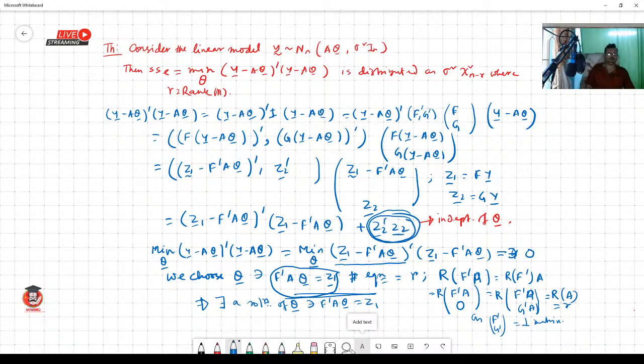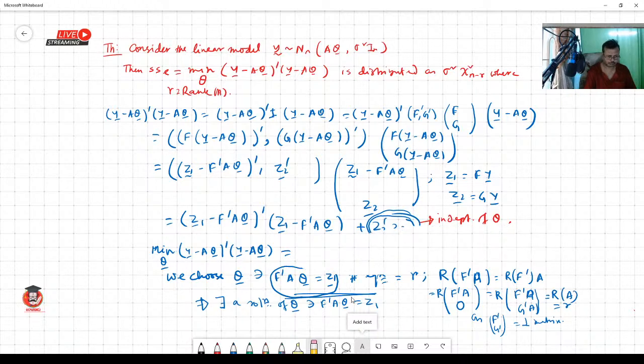Therefore, the minimum of this is simply z2 prime z2, because this portion is 0.